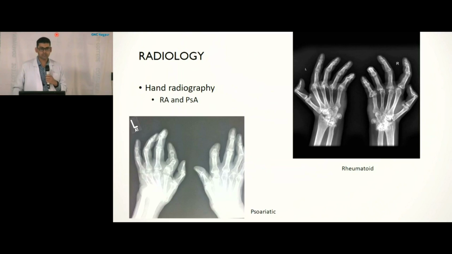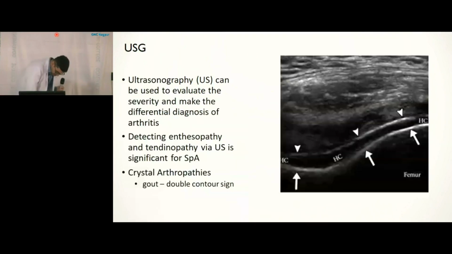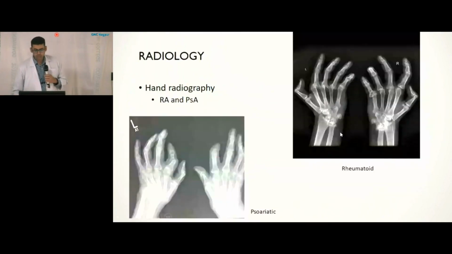The most important thing I wanted to highlight is erosion. If we focus our attention at this part, there is complete destruction of the interarticular joint space, and there are crenations at the bony joint border.